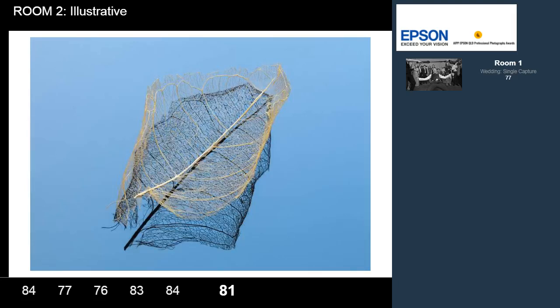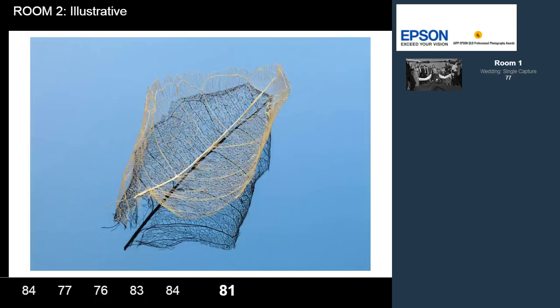This print scores 81. And Darren, do you want to just say a few words about it, please? This is really quite beautiful. The colour palette, the blue background, the warmth in that dead leaf.